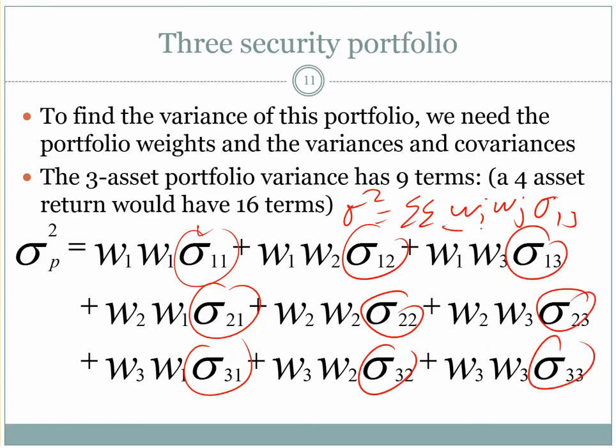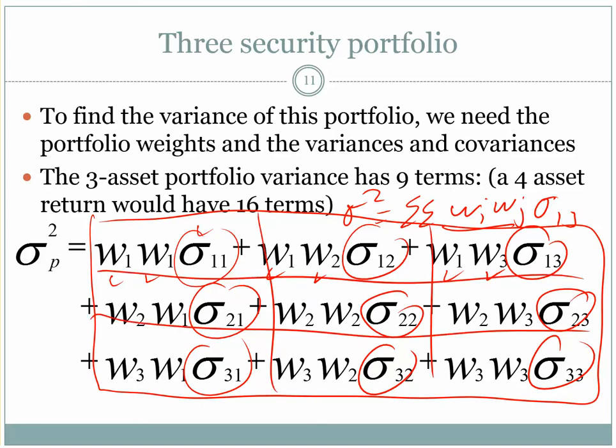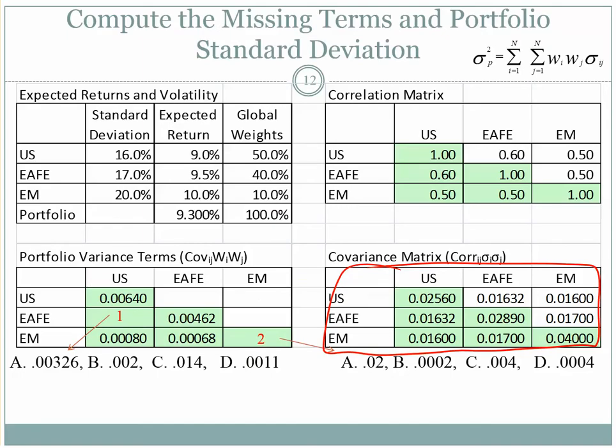And what you see is you just have to plug in the weights for each covariance asset pair. So that we can create another matrix, I'll call it the variance calculation matrix, that has 9 terms. And if we can calculate these 9 numbers, we can sum them up and get the variance of the portfolio. So in Excel, I can take a covariance matrix and a vector of weights, combine them, and create this variance calculation matrix.